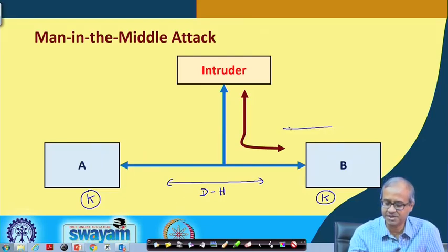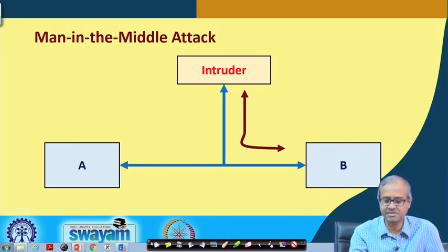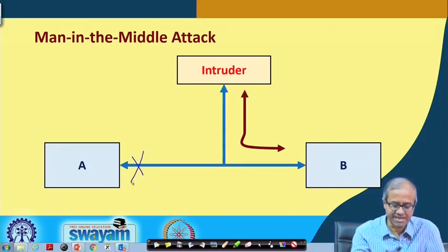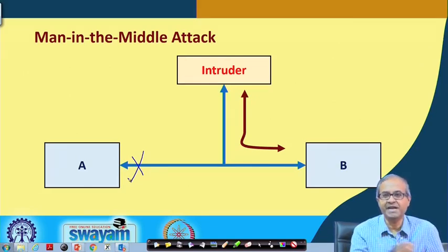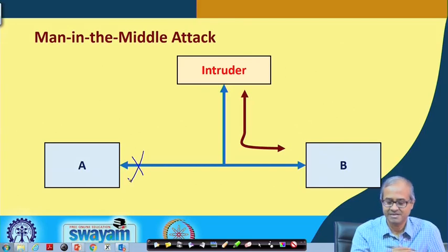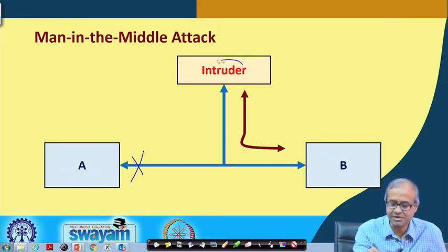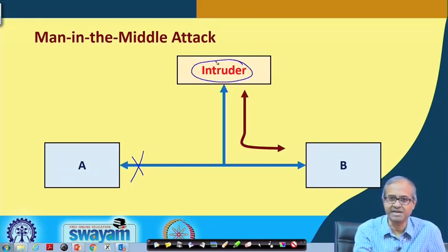B can send something to A, A can send something to B, and so on. Now, suppose something like this happens. A is not sending anything right now, but the intruder is fabricating a message.